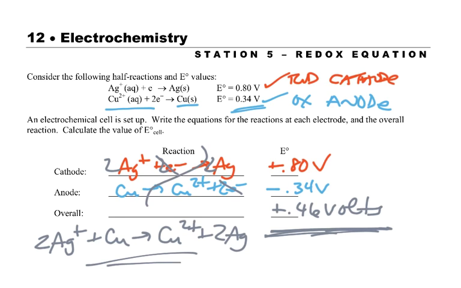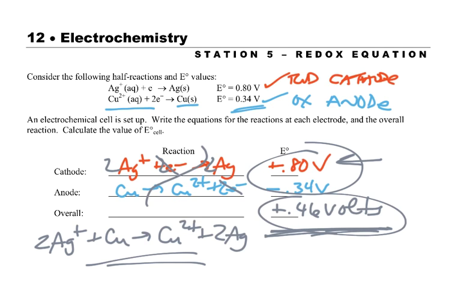Okay, so that's my overall reaction. But notice, even though I doubled the silver, I did not double my voltage, because the voltage already takes into account how many electrons are transferred. So we just have to use those numbers as is right off the chart to get this voltage.